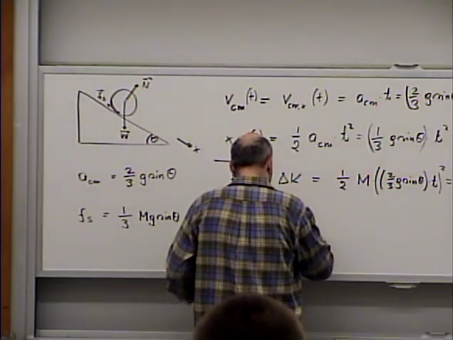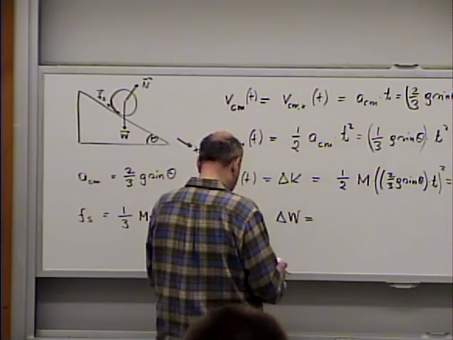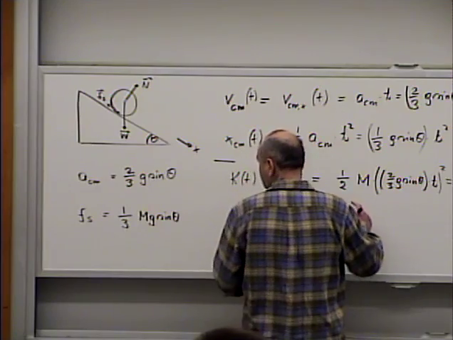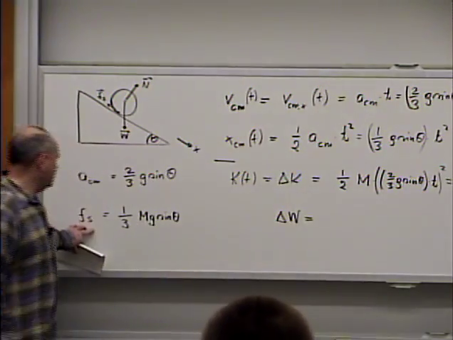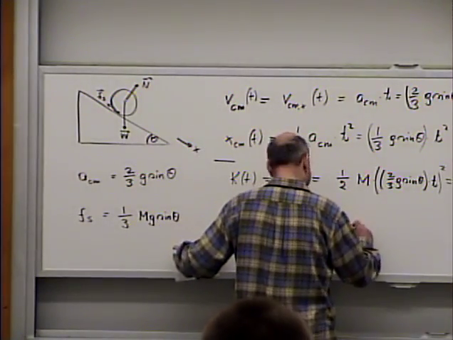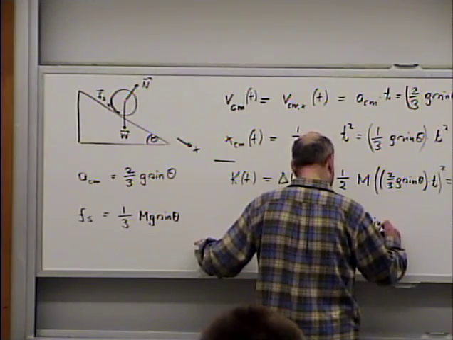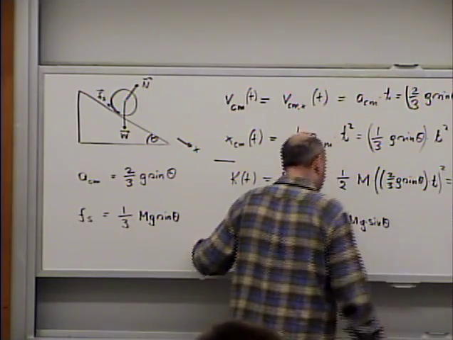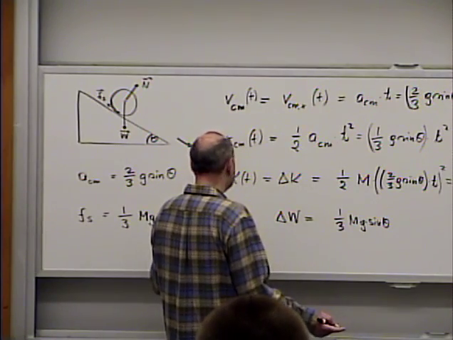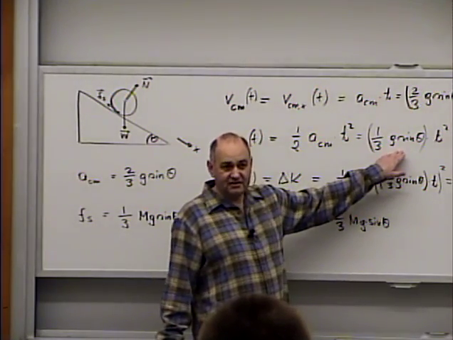So work is equal to the force times displacement. We had that the magnitude of the frictional force was 1/3 mass times acceleration due to gravity times sine of the incline of the ramp. So this is the force, and for the displacement, after time t the particle moves to that location.